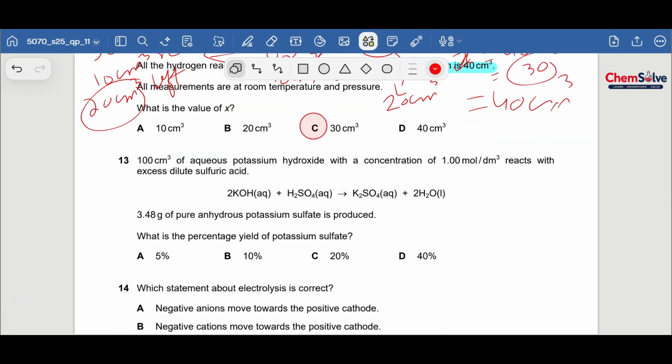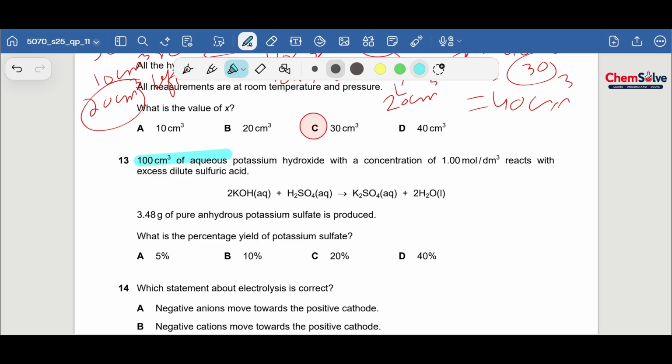Okay, so next question is from the mole calculations. 100 cm cube of the aqueous potassium hydroxide with a concentration of 1 mole per dm cube reacts with excess dilute sulfuric acid.